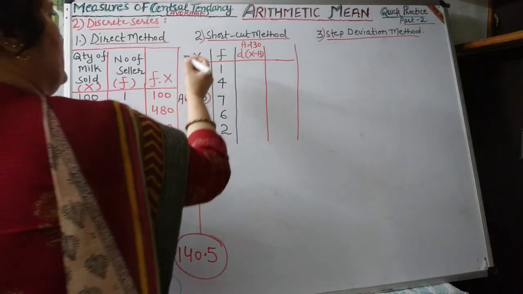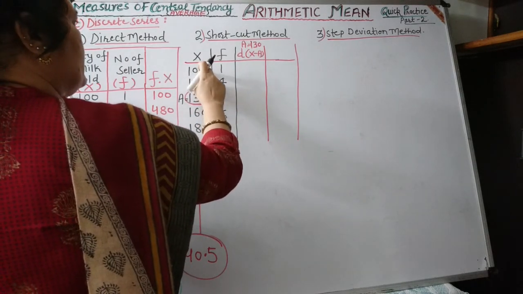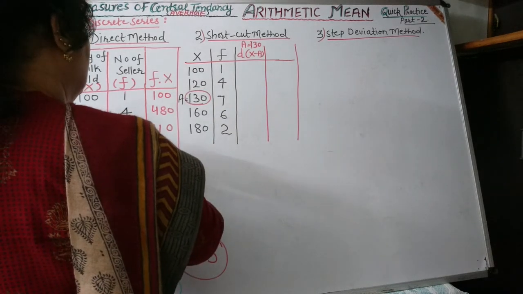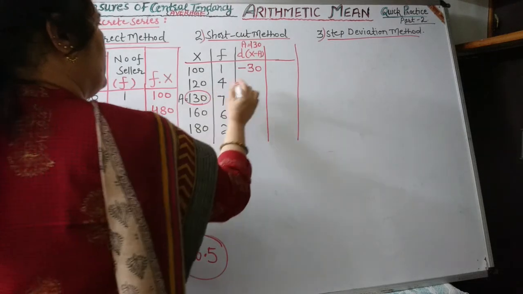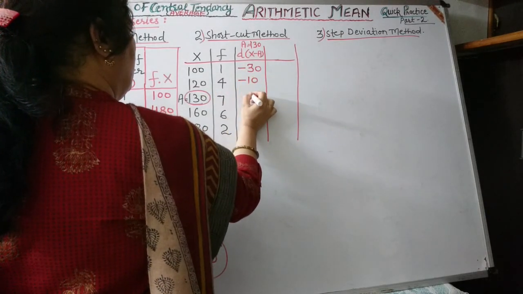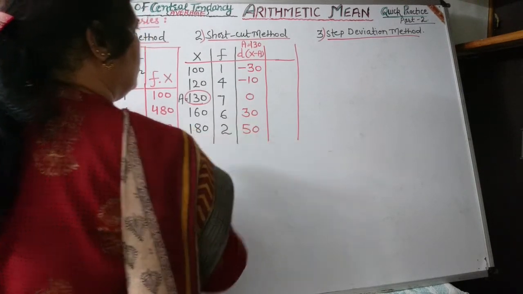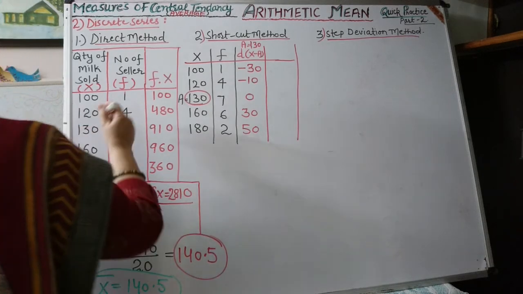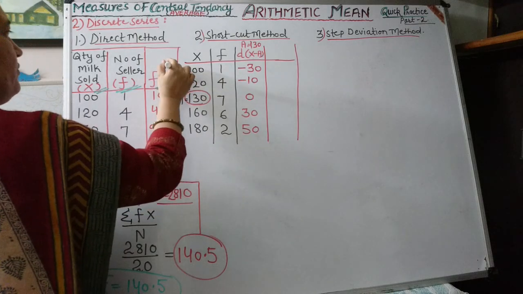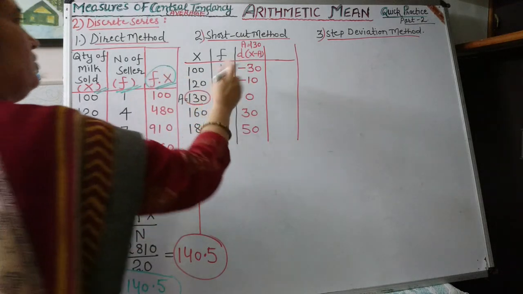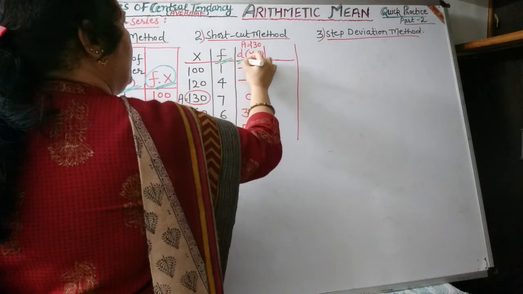Now I am subtracting the assumed mean from all the values of x. 100 minus 130 is minus 30, 120 minus 130 is minus 10, 0, 30, and the last one is 50. As we multiplied frequency with x in the direct method to calculate fx, now we will multiply f with the values of d.